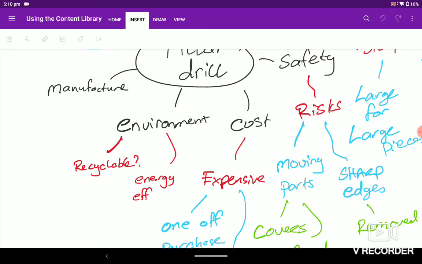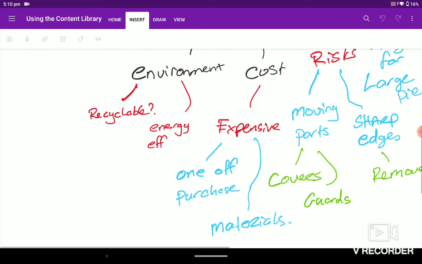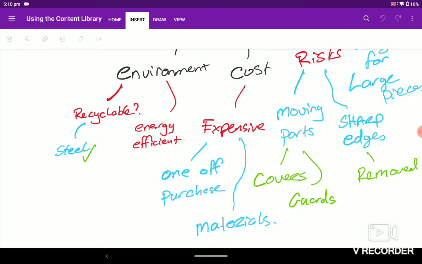So it's high, it needs a lot of power. Let's see if power needed to run. You can see steel, tick, is recyclable, sorry, energy efficient.